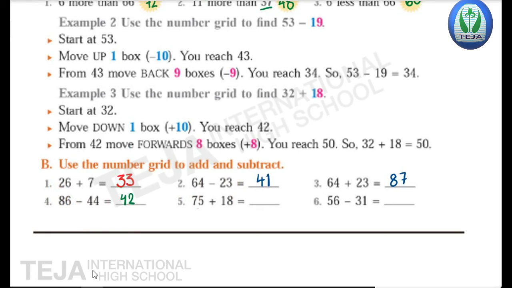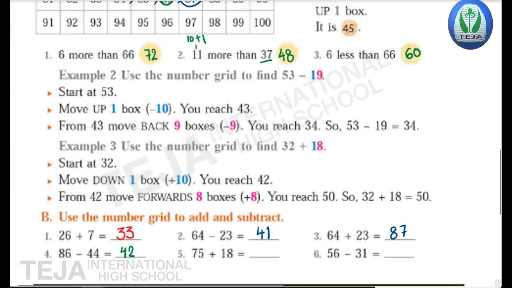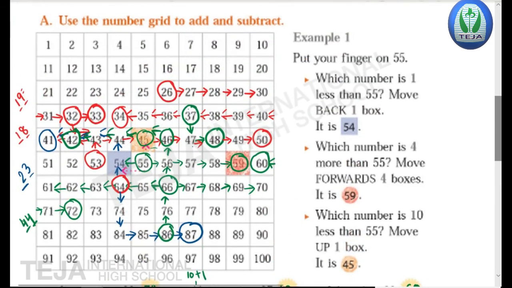Now next, fifth question, children. 75 plus 18. Here the bigger number is 75. For that you have to add 18. So draw a circle around 75, children. And you have to add 18 to 75. In tens place 1 is there. So move 1 box down.